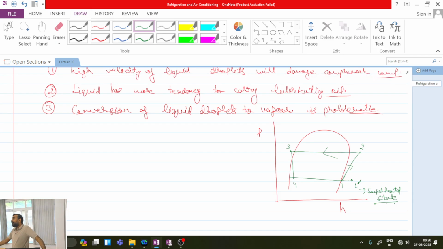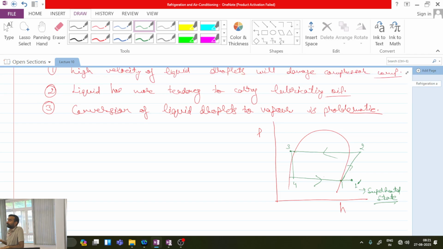But still, we have one opportunity. Whenever the refrigerant comes out of the evaporator, from the exit of the evaporator to the inlet of the compressor, there will be some pipeline. Usually the evaporator temperature, for air conditioning applications, is in the range of 0 to 5 degrees Celsius for the working fluid at the exit of the evaporator.